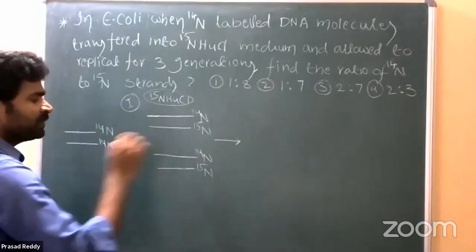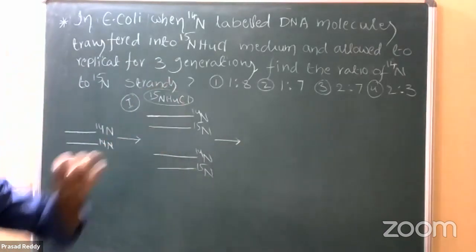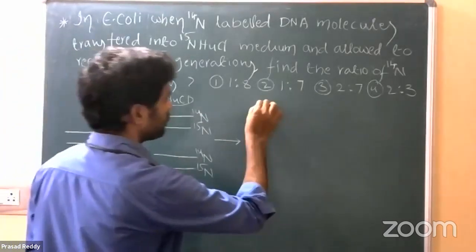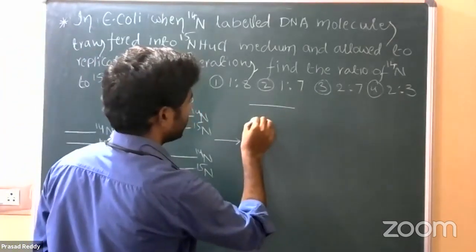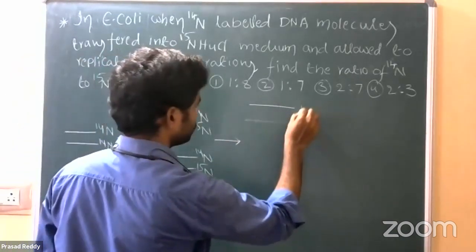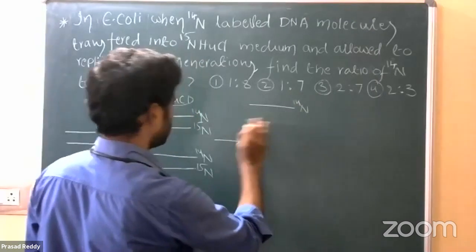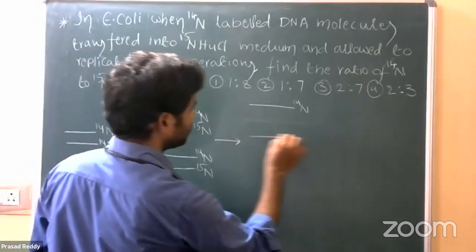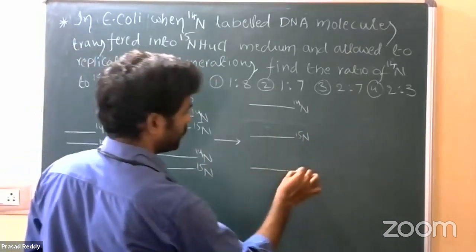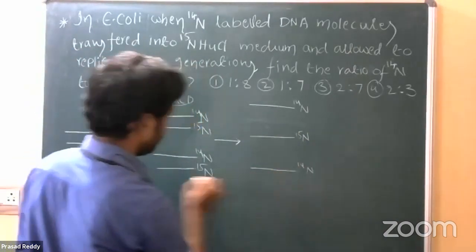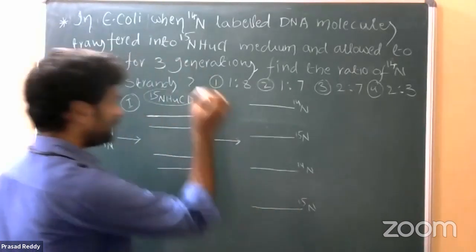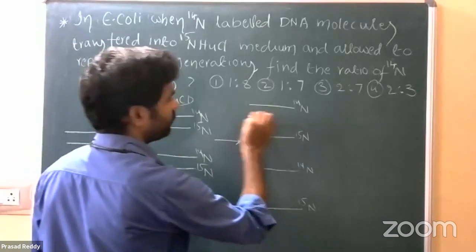In the second generation, these two DNA molecules are duplicated into 4 DNA molecules. During replication, the strands separate from each other. This is the N14 strand, then this is the N15 strand, parental strands only. And what about newly synthesized strands? N15 only. Why?